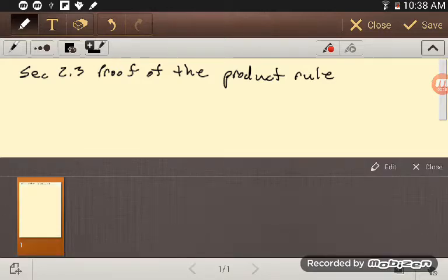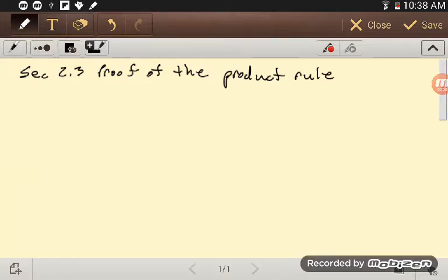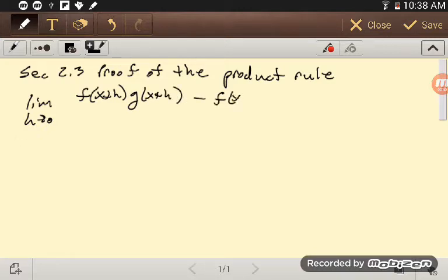And so, we want to look at the limit as h goes to 0 of f of x plus h times g of x plus h minus f of x g of x, all divided by h.